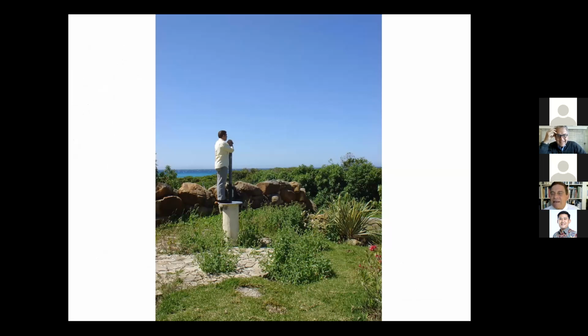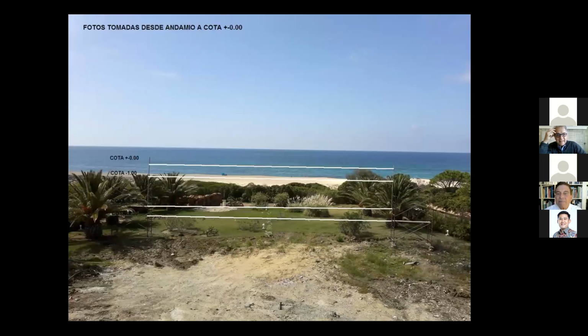He's deciding exactly where the plan must be. This one. And I decided here the dimension in vertical, what is the dimension in coincidence with our eyes, and so on.